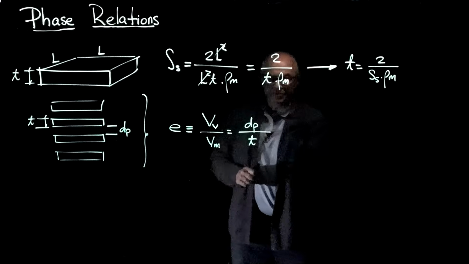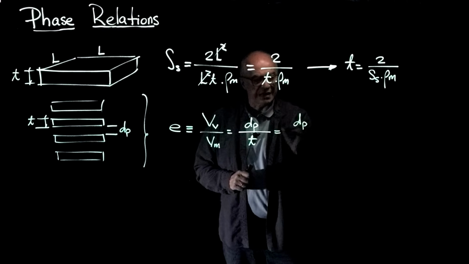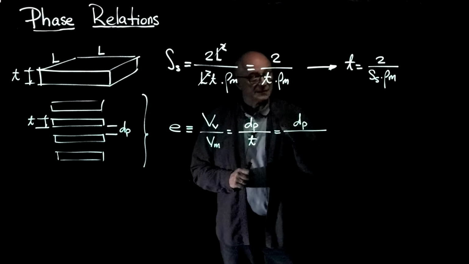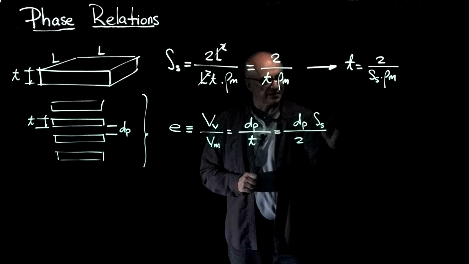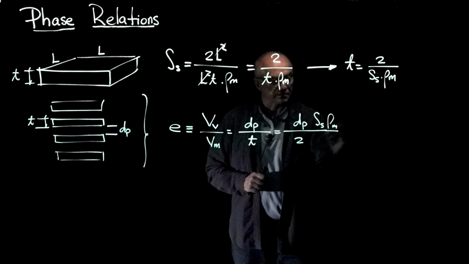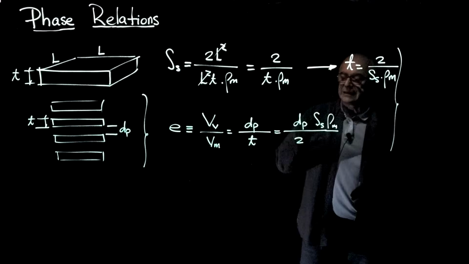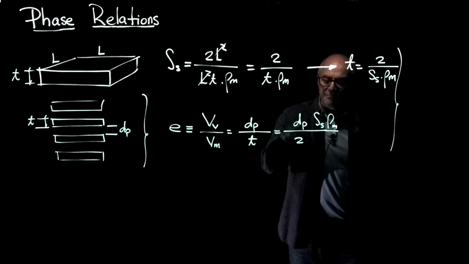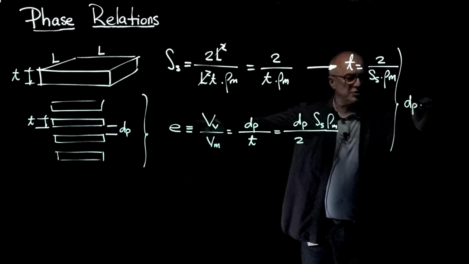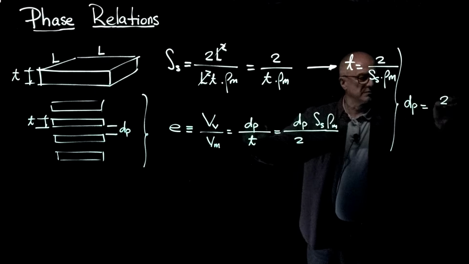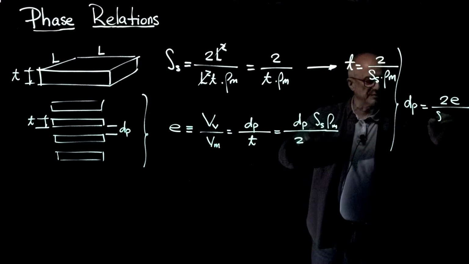So if I replace in this equation now, this is the pore diameter divided the thickness of the particle, which is 2 times specific surface rho mineral. Therefore, I can estimate the mean pore size distribution by knowing the void ratio and the specific surface of the material.